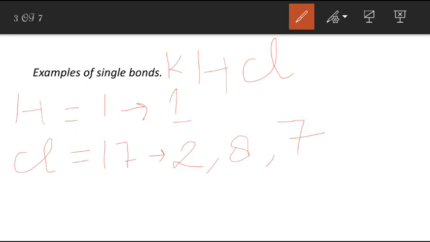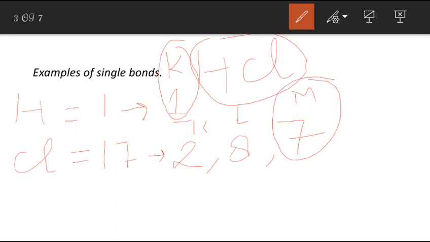Hydrogen is having only one shell, but chlorine is having K, L and M shells. The valence shell of hydrogen is the K shell and that of chlorine is the M shell.